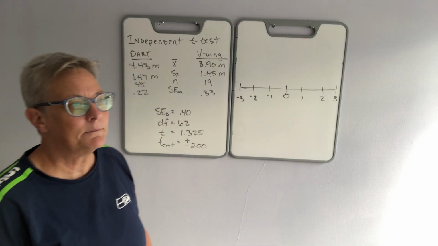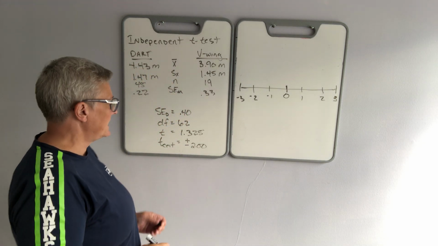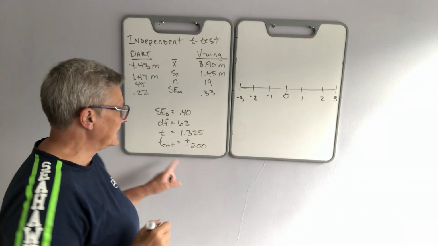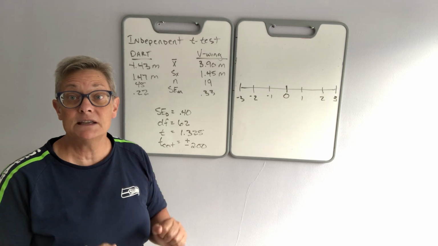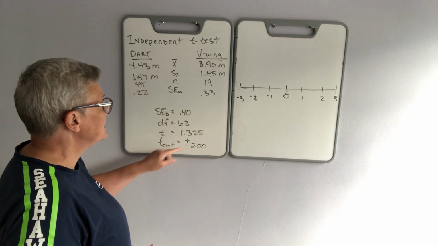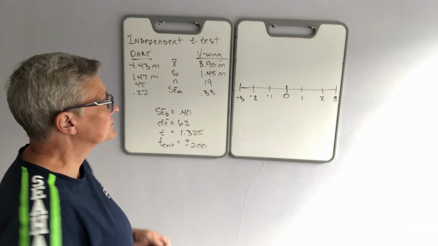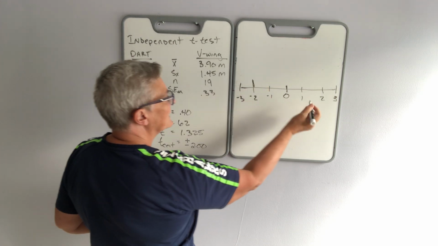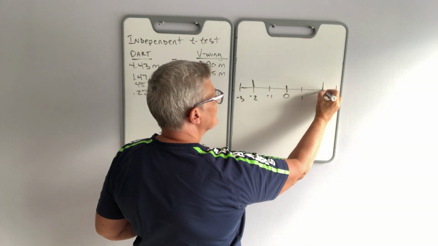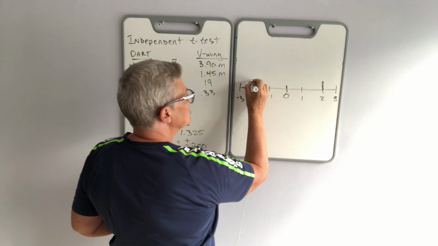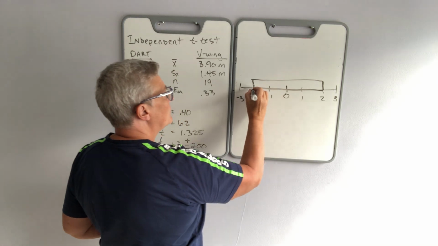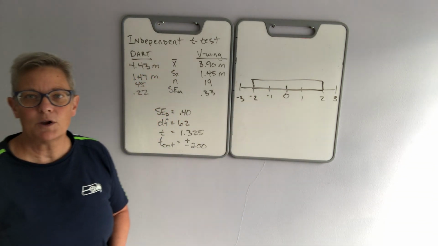Now, we're going to take the t critical and we're going to do the negative and the positive of the t critical. So our t critical is 2. So we go to -2, and I go to +2. And I'm just going to make a box, like so, around those two numbers.